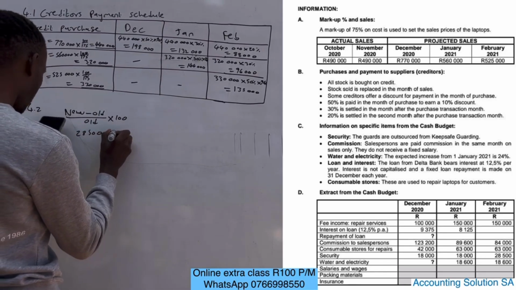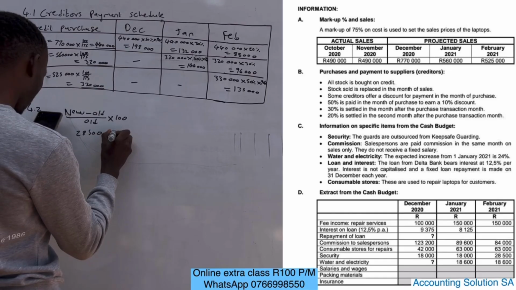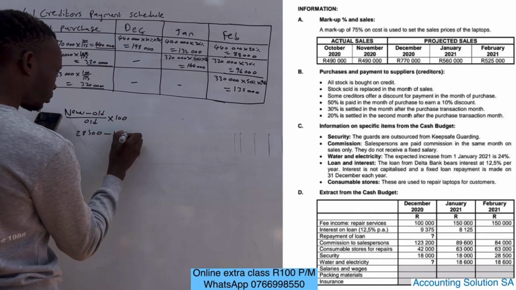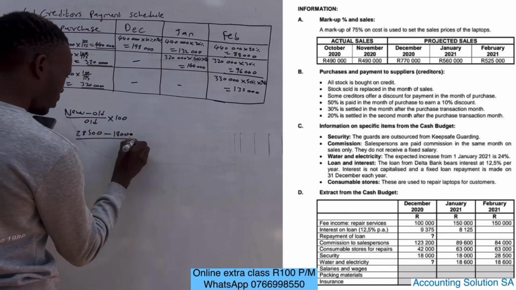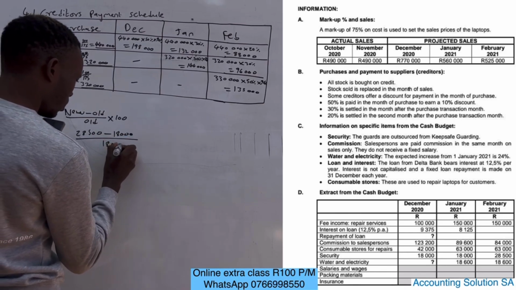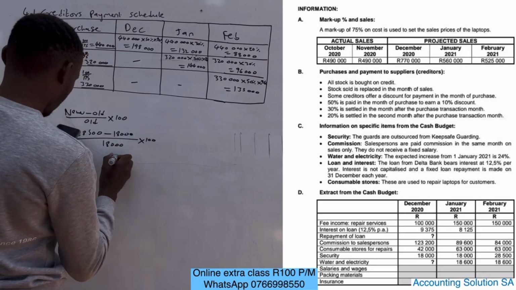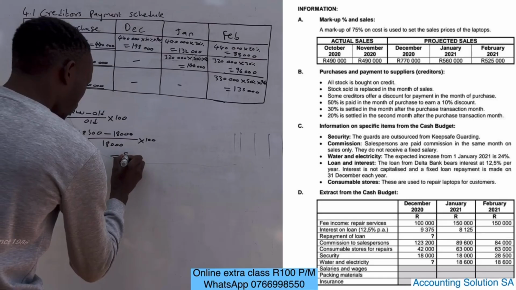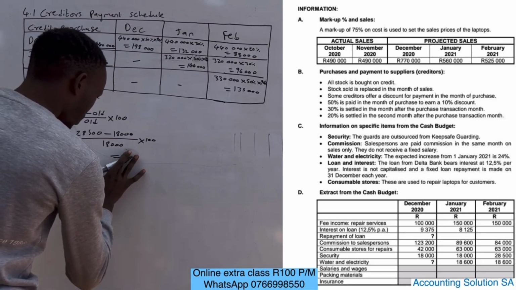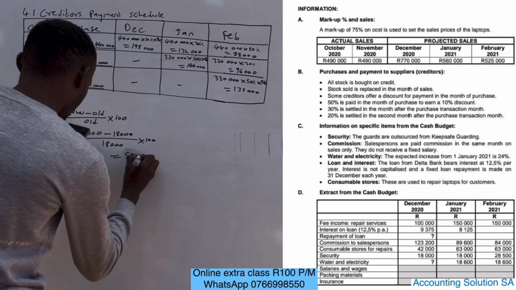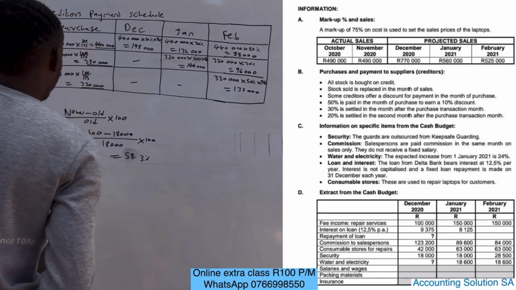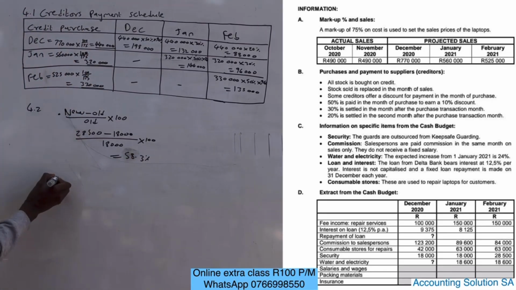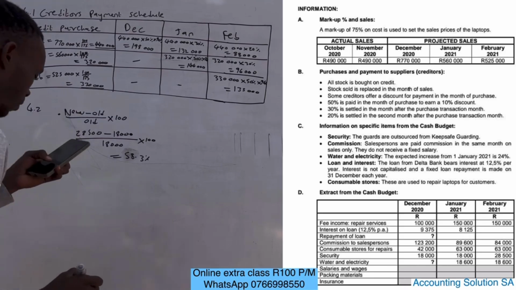The old one, minus 18,000, and we divide by 18,000, and we multiply by 100. Okay, and it's going to give you 58.3%.